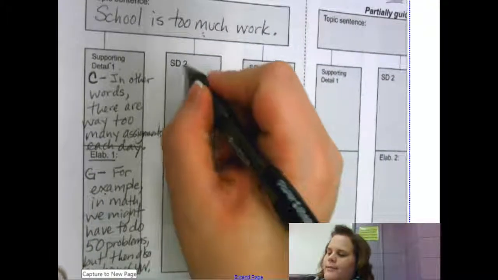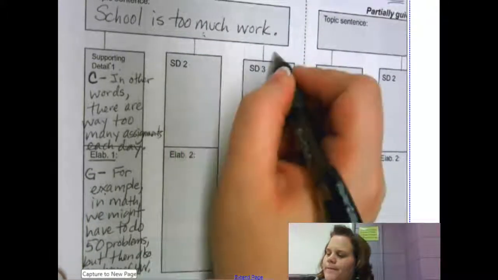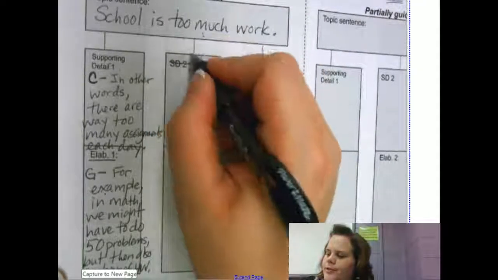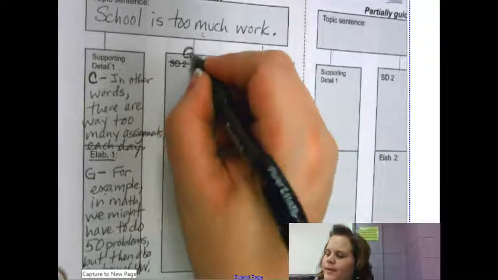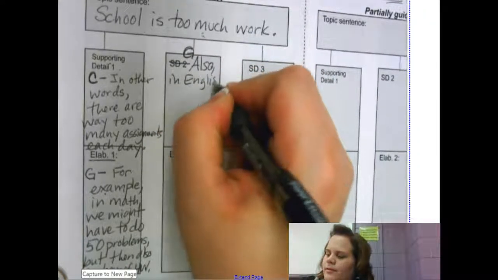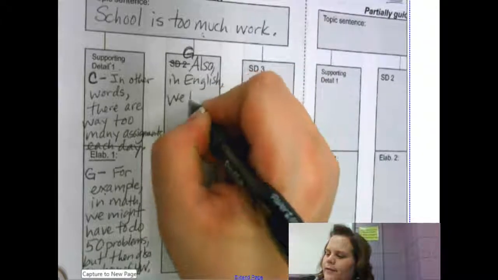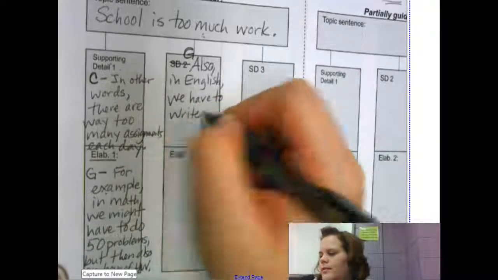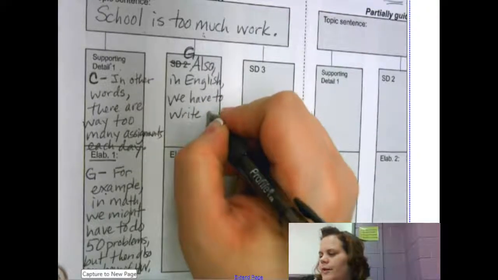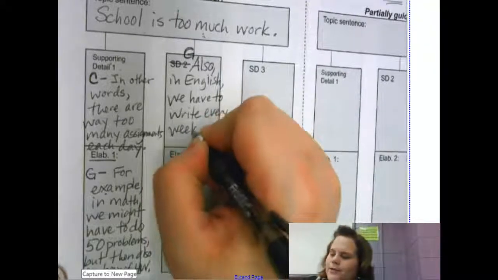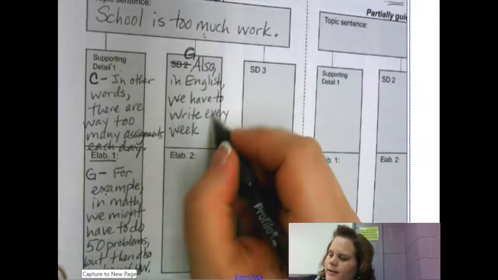Let's think of another class maybe. Too much work. So we could say also, we're going to give another general example. In English, we have to write every week and make it sound too much.